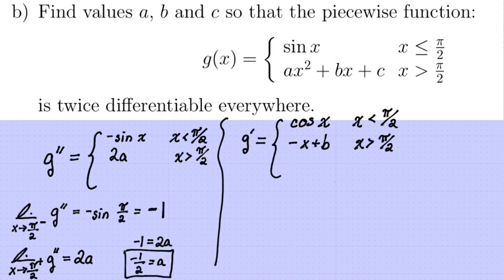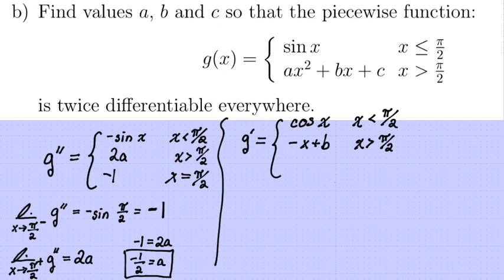And now it's just a matter of finding out what g prime needs to equal at pi over 2.